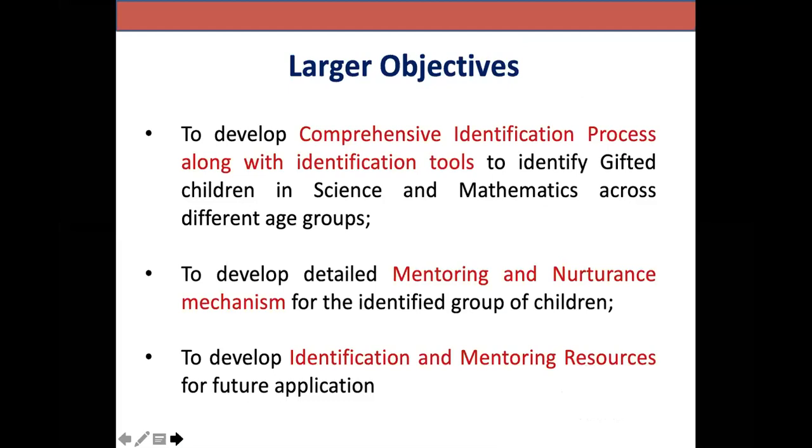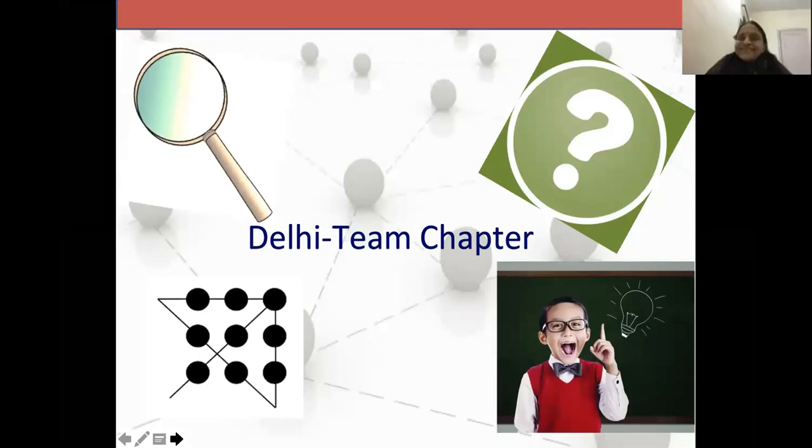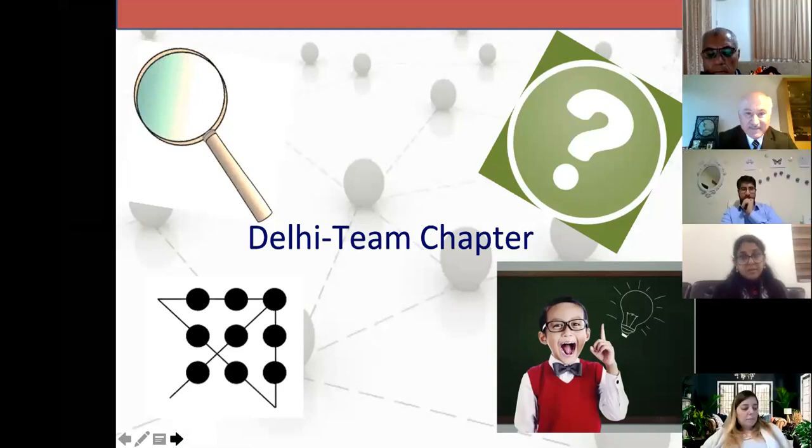The larger objectives were to develop a comprehensive identification process along with identification tools to identify gifted children in science and maths across different age groups, to develop a detailed mentoring and nurturance mechanism, and to develop the resources to mentor such children. This project is primarily focused on the Delhi team chapter: how we started with Delhi as the pilot center, and then scaled up the methods and processes to the national level.